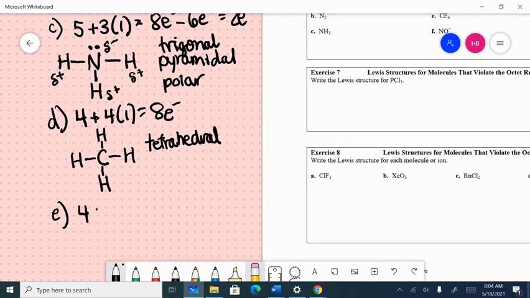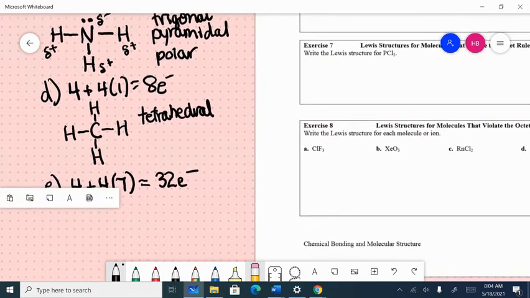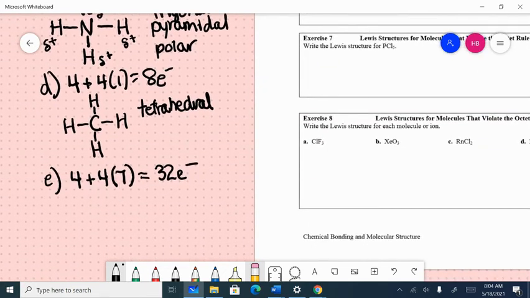Carbon is 4. 4 fluorines each have 7, 28. So we have 28 plus 4 is 32 electrons to represent. Carbon is the least electronegative, and fluorine is going to be terminal because it can only form 1 bond. 2, 4, 6, 8 electrons I've used, leaving me with 24 left.